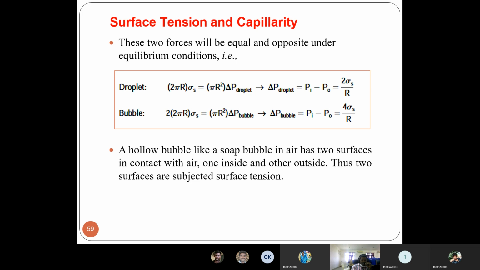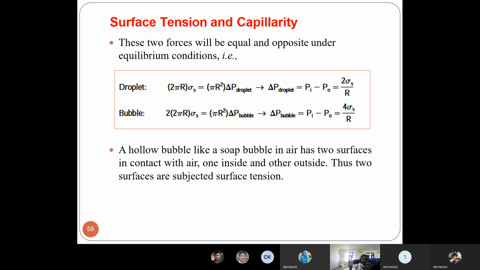This pressure difference can be written as inside pressure minus outside pressure. Here 2 into sigma s is equal to r into delta p, that is equal to r into pi minus p naught. Therefore, pi minus p naught is equal to 2 sigma s by r.